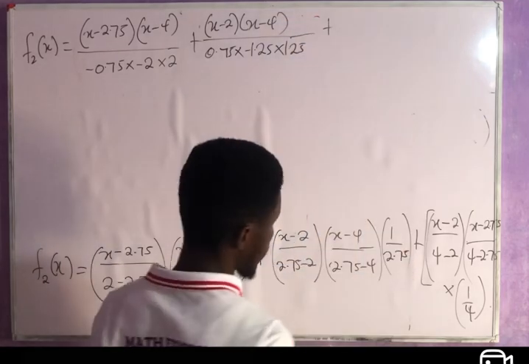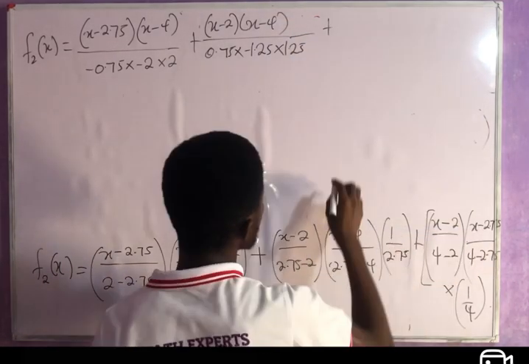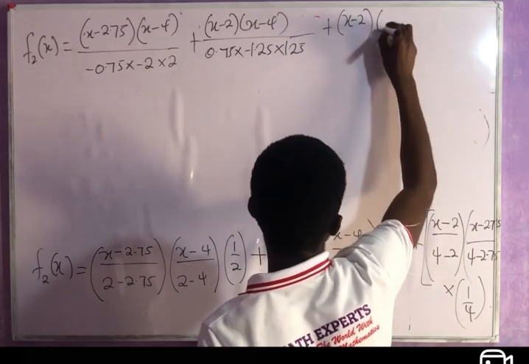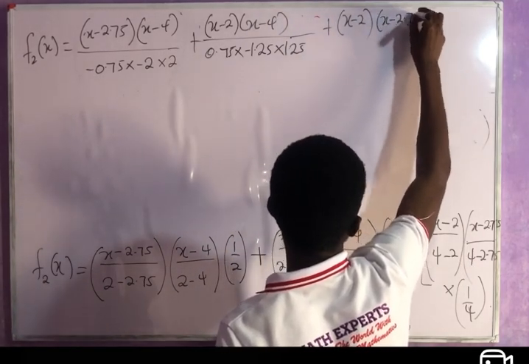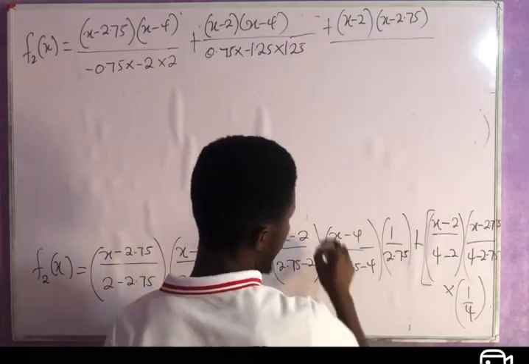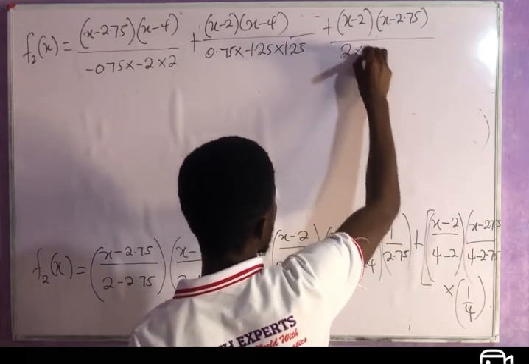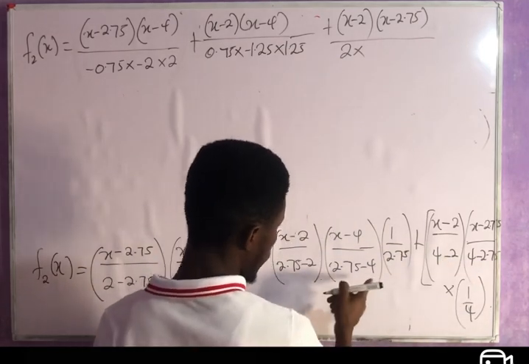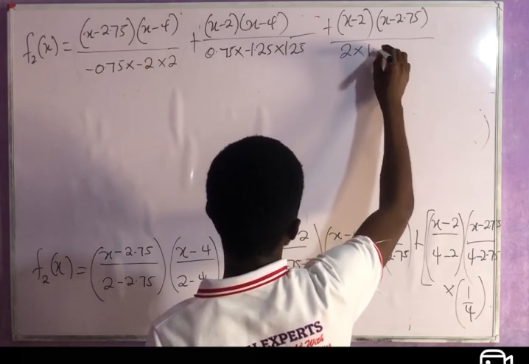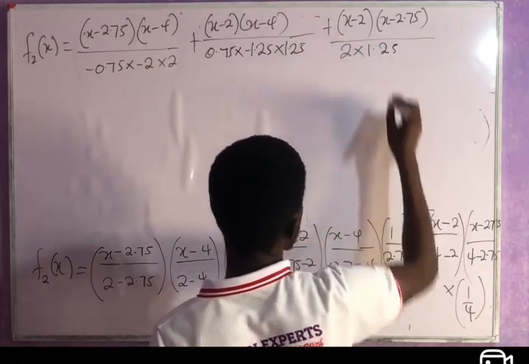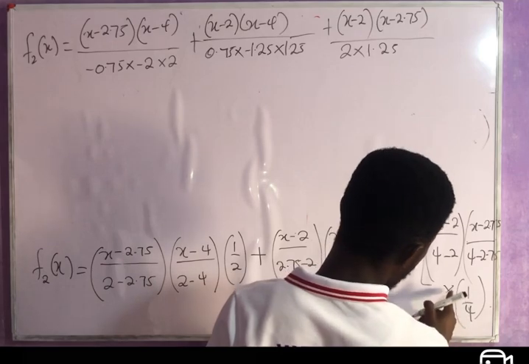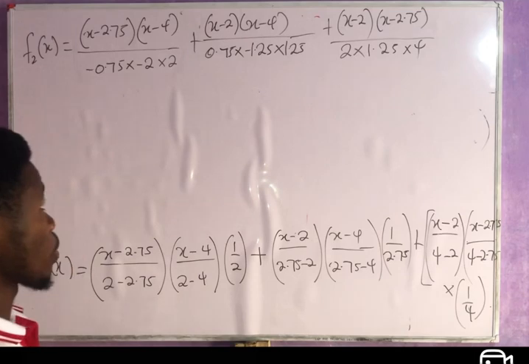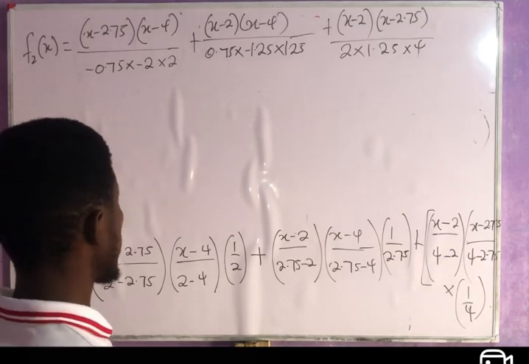Then lastly, we have plus x minus 2, x minus 2.75, and this is dividing by 4 minus 2, which is 2, times 4 minus 2.75, which is 1.25. Then lastly we have times 4. So if you expand this, you can go further, but I'm resting the case here.